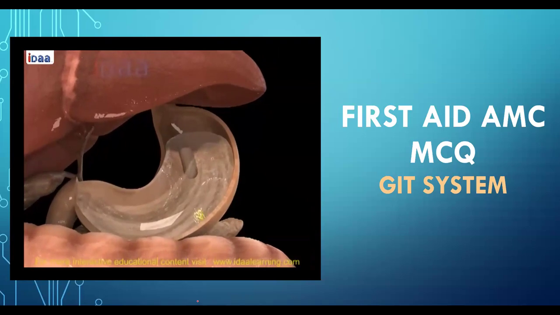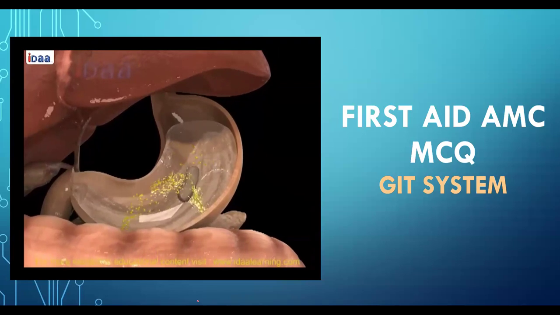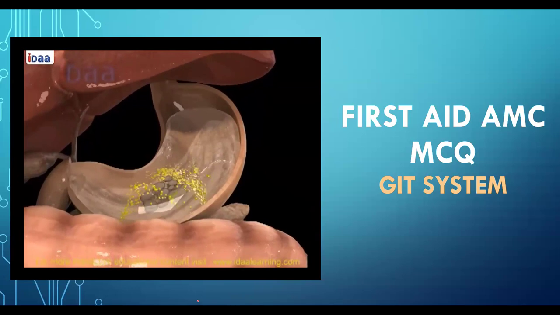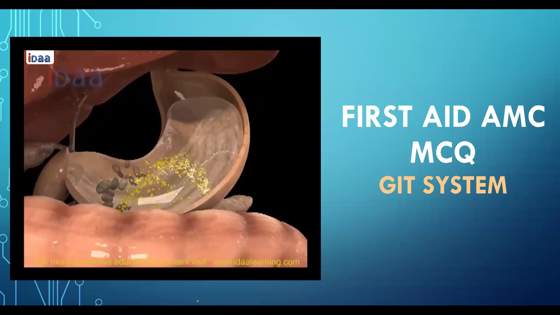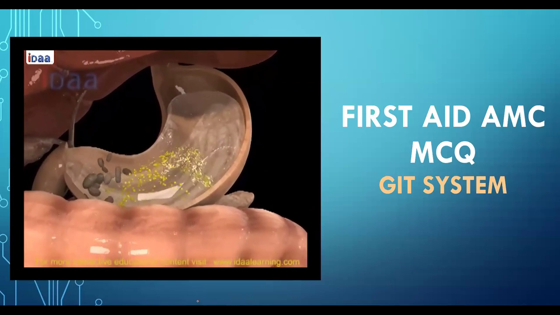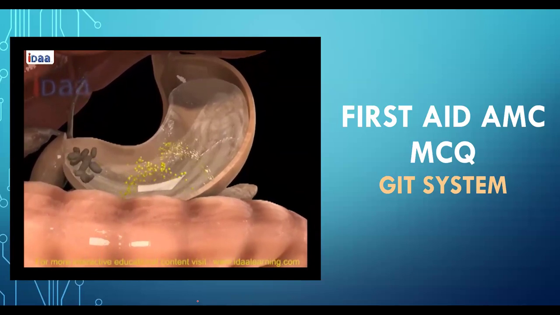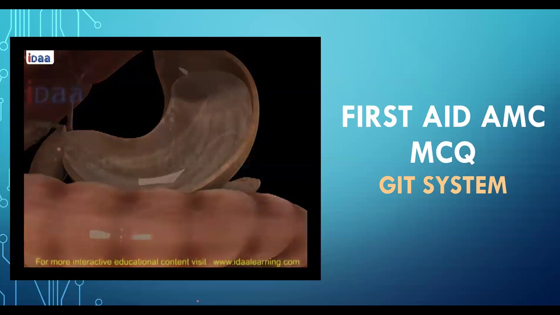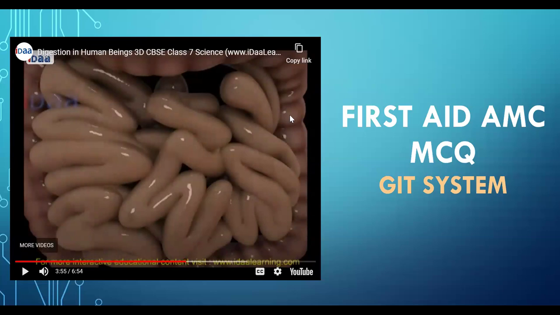Hydrochloric acid and digestive juices secreted by the inner lining of the stomach. The acid helps to kill the bacteria present in the food. It also makes the medium in the stomach acidic. The digestive juices secreted by the stomach break down proteins into simpler substances. Then the food is emptied into small intestine. Small intestine. Small intestine. Okay, so you can go through this video by yourself.